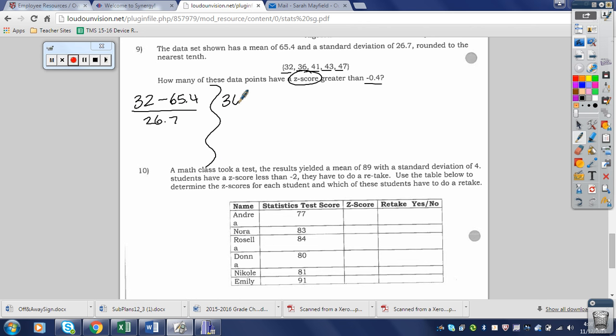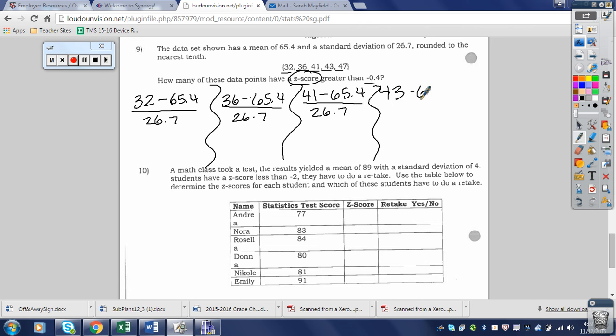I have to do 36, 41, 43, and 47, each minus 65.4 divided by 26.7. All right, so I got to calculate 5 z-scores, so let's try.